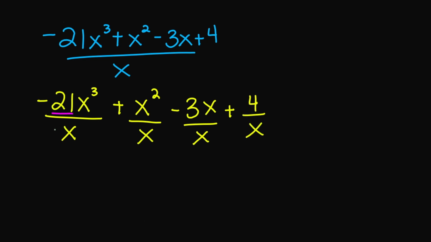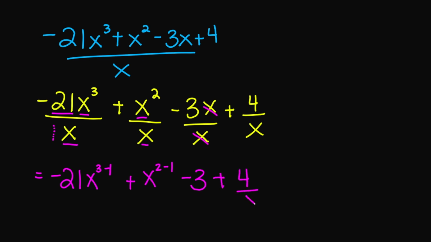Negative 21 divided by your imaginary 1 here is going to equal negative 21. x cubed divided by x, we're going to get x to the 3 minus 1, plus x to the 2 minus 1, minus 3, because these x's here are going to cancel out, plus 4 over x.